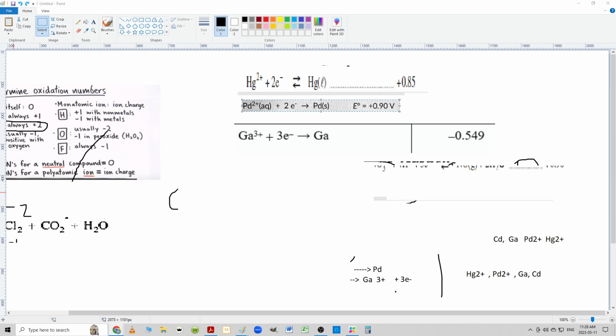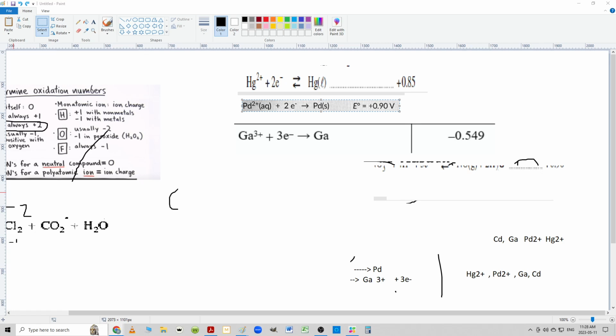Hg2+ is indeed... Now some say 0.78, some say 0.9. So we have to be careful. See, you can get various things. Hg2+ aqueous, and then 2Hg+, 0.9. So we're getting some slight conflict.